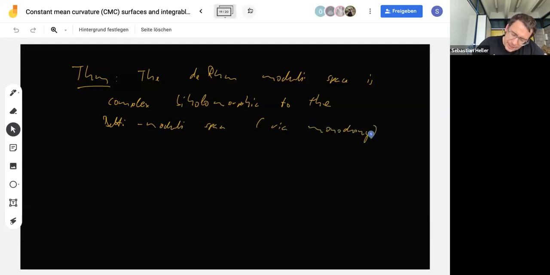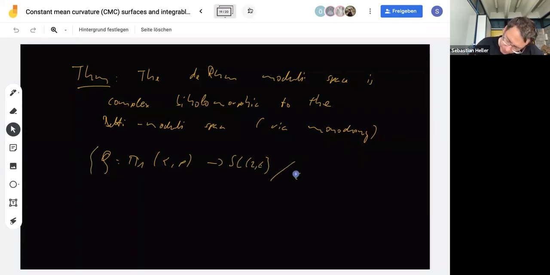And the Betti moduli space is the space of matrices A1 up to BG which satisfy the natural relationship of the monodromies on a compact Riemann surface of genus G, or it's the space of representations from the first fundamental group of sigma into SL2C modulo overall conjugation by SL2C matrices.